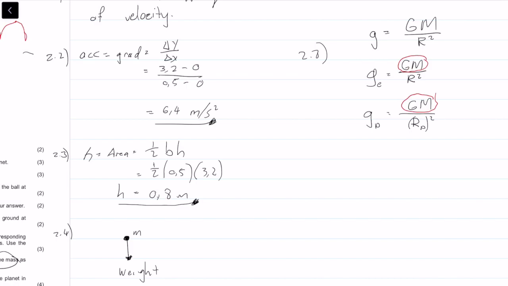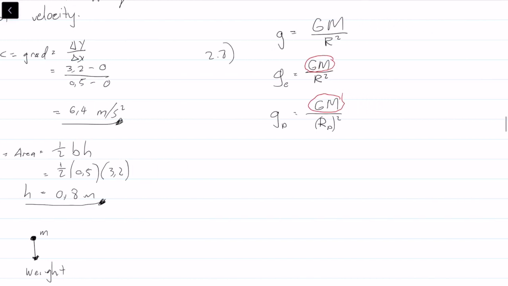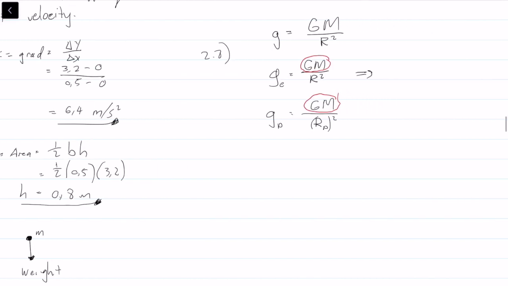So what we can do is get each equation in terms of GM. GM is equal to the acceleration of the Earth times the radius of the Earth squared, and GM is equal to g of the planet times the radius of the planet squared. Now we can equate these two.